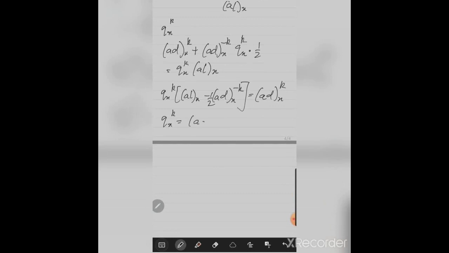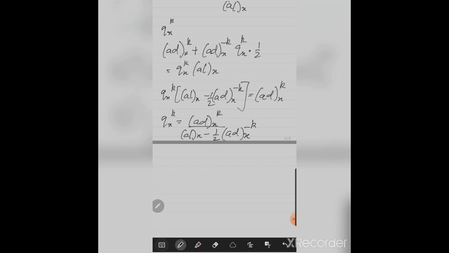So ad x because of k, divide this by a l x minus half times ad x because of non-k. So this is what I'm getting as the relationship.